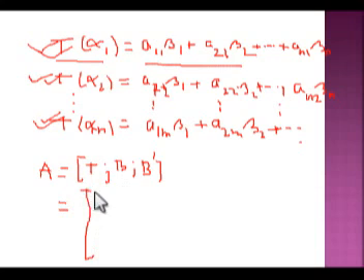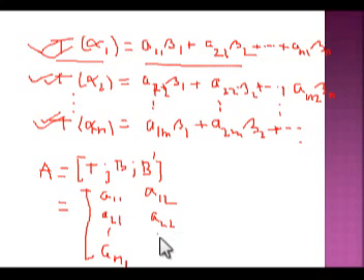I said that T alpha 1 is the first column vector, so here will be a11, a21, and at last an1. Then T alpha 2 is the next column vector, so there will be a12, a22, and at last an2.